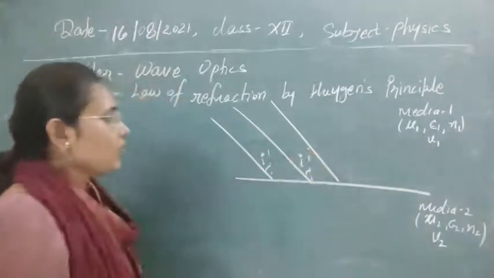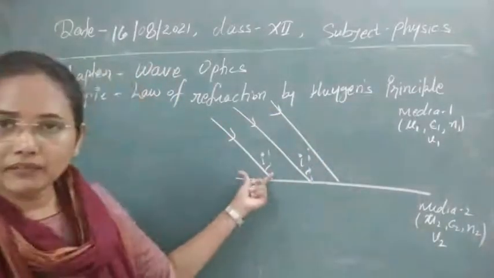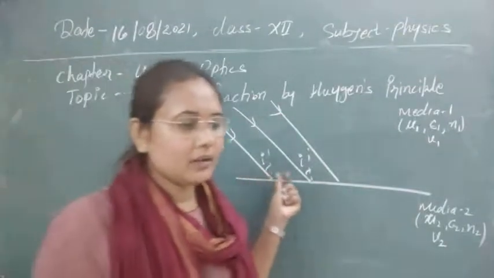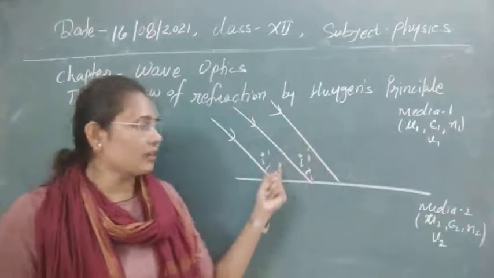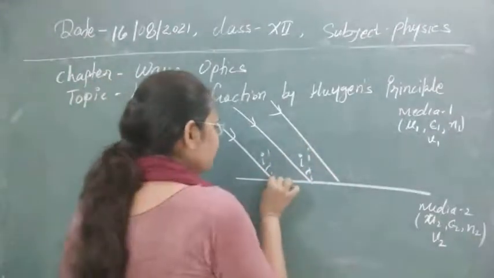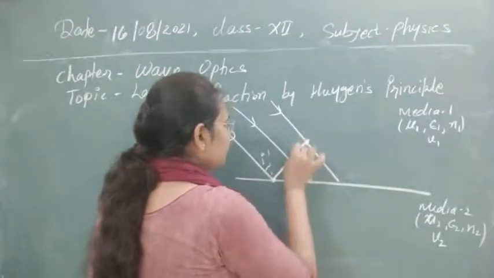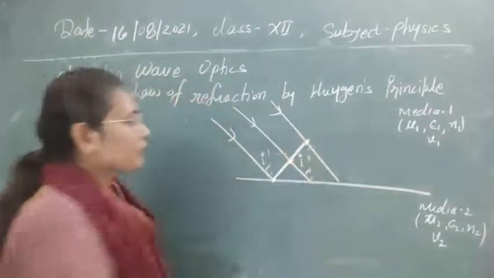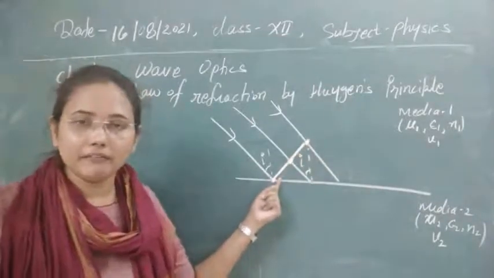And now for this incident wave, we can draw the wavefront here, meaning we can take the points that will be in the same phase in all these waves. So suppose this is the point, and according to this one, this point and this point, all three points are in the same phase. So the locus of these points will be the wavefront.